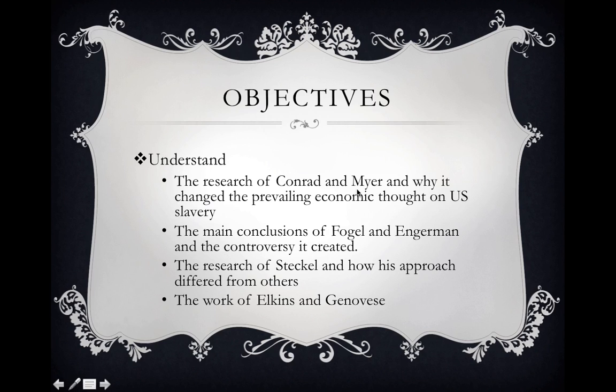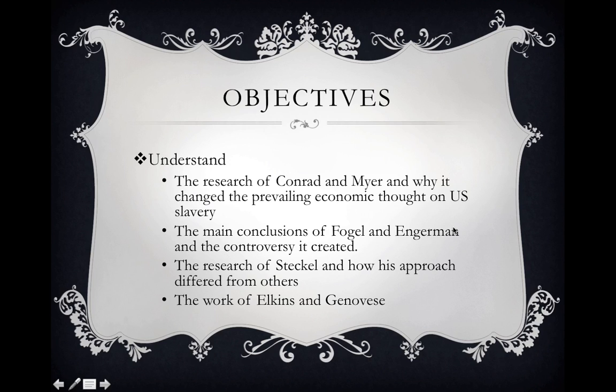Also, we'll take a look at the research of FOGEL and ENGERMAN, very important figures in economic history. I believe that they recently won Nobel Prizes in economics for their work on the economics of slavery. They have a book called Time on the Cross, and they came up with 10 major conclusions about slavery.